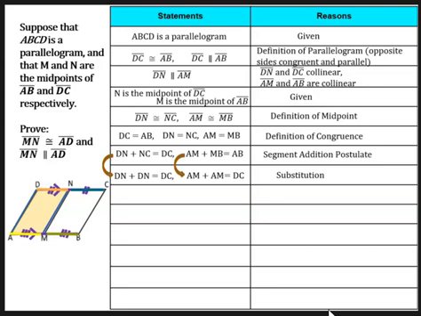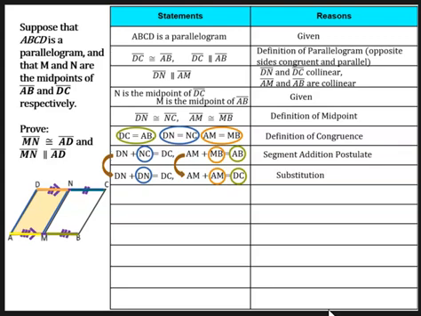Segments DN and NC have the same measure, so I can substitute the measure of DN for NC. I can also substitute segment AM for MB and DC in for AB.